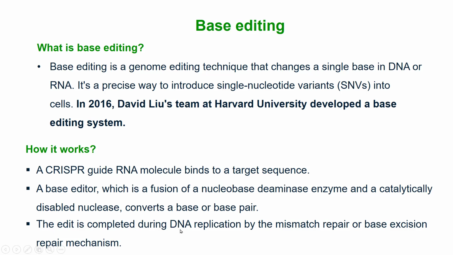The edit is completed during DNA replication by the mismatch repair and base excision repair mechanism, because in the cellular system, a nucleotide or base repair system is present. So if you can somehow target a base or nucleotide, the cell can repair it by its own inherent mechanism, and the base can be changed.